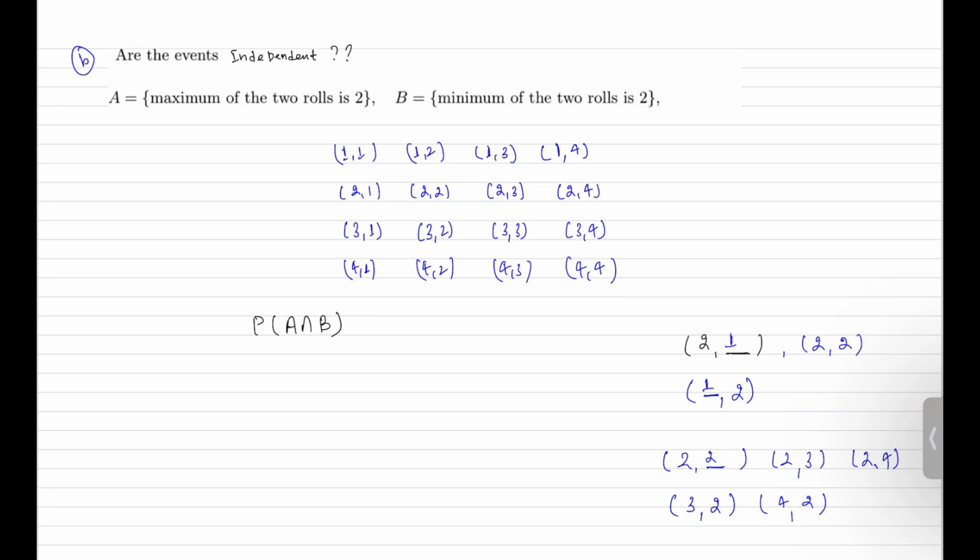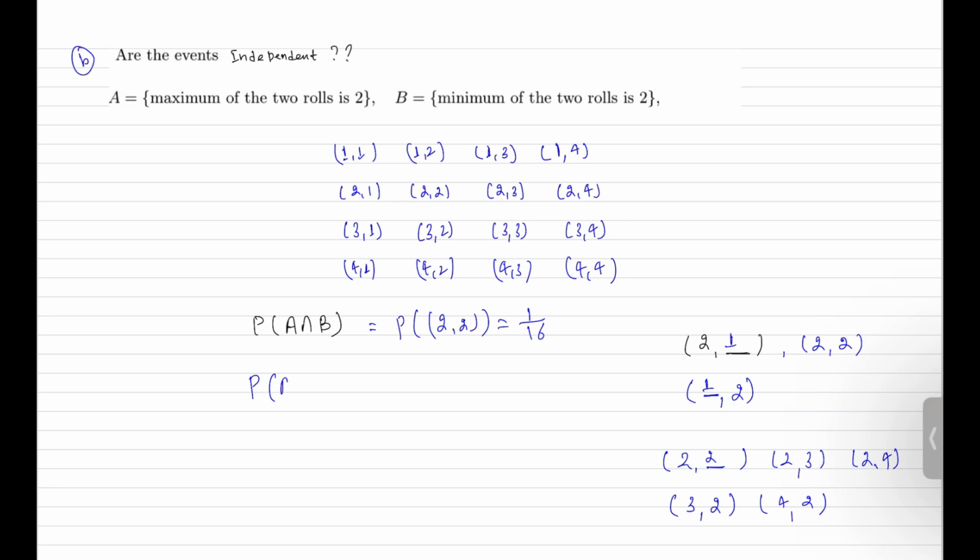Now, which elements favor both at the same time, because I have to look at both events A and B? Here what we are finding is the joint probability, right? So just look at the intersection between these two events. If you look at the intersection, what you get is this one element. So the probability of occurrence of this element is 1 divided by 16.